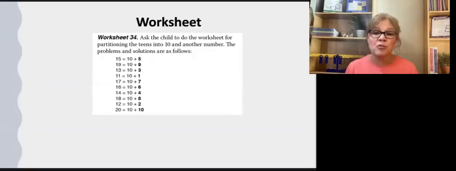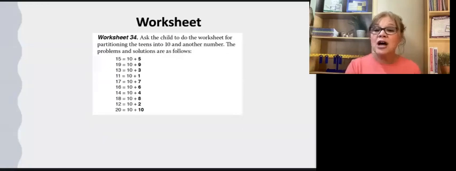Now, as I previously mentioned, if your child struggled with writing, write these problems on a whiteboard or on graph paper. If you need to document their work and you're concerned about putting it on a whiteboard, just take a picture of it. That's documentation enough, just like a worksheet, except you're taking a picture of it.